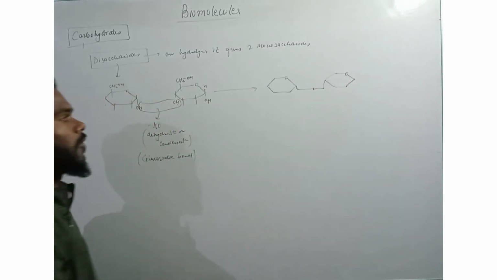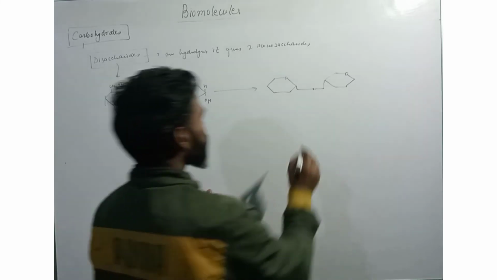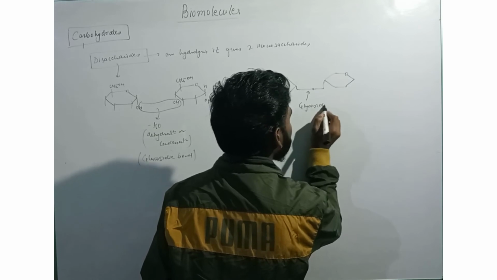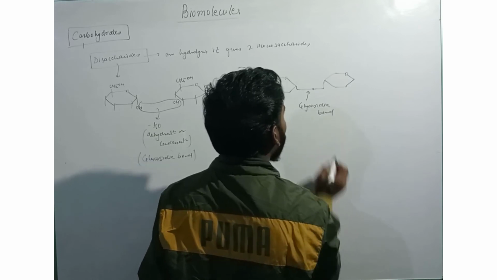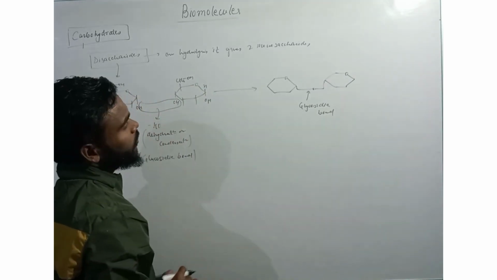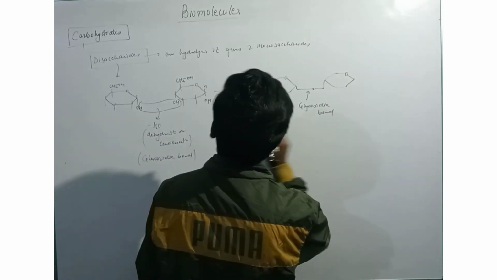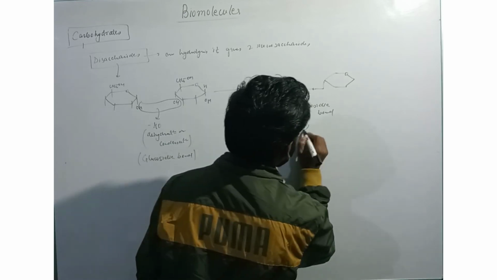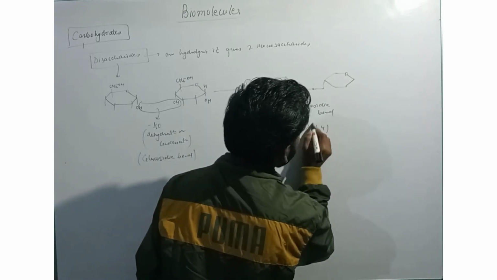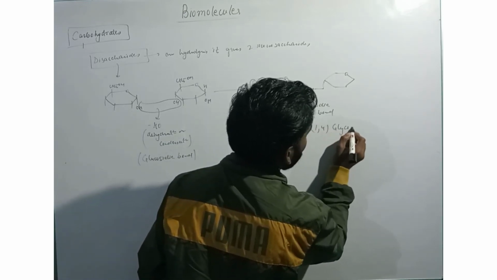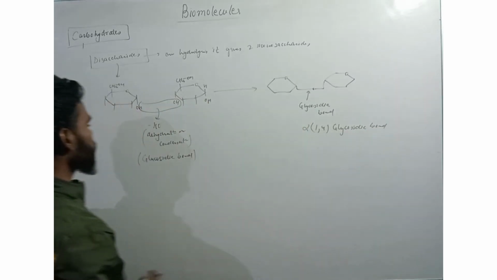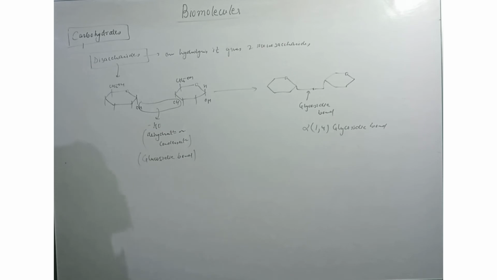Now let's see the bond: both are the alpha form of glucose, so you have to write alpha 1,4 glycosidic bond.